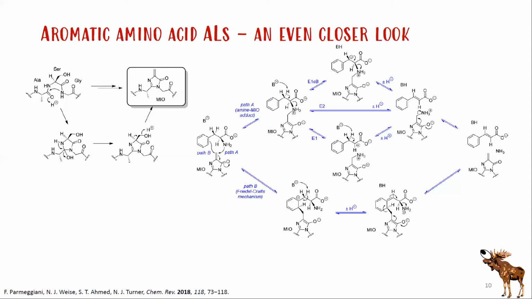Experiments that have shown this indeed happens are, for example, on substrates with a methoxy group in the meta position. It was shown that the reaction proceeds faster than without it. That probably means that because of the electron donation into the ring, there is some rate enhancement, which suggests that this pathway probably happens in those cases as well.